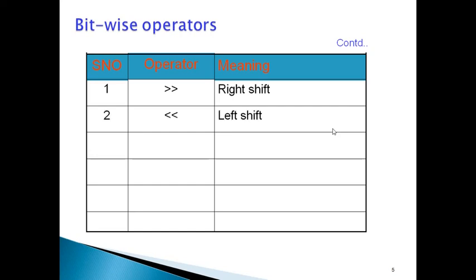Number two, double less than symbol is used to left shift the data. It is called the left shift operator. Number 3, cap. We use it as a bitwise operator. It is called exclusive OR. Fourth, tilde operator. It is called ones complement. To perform the ones complement operation, we use the tilde operator.